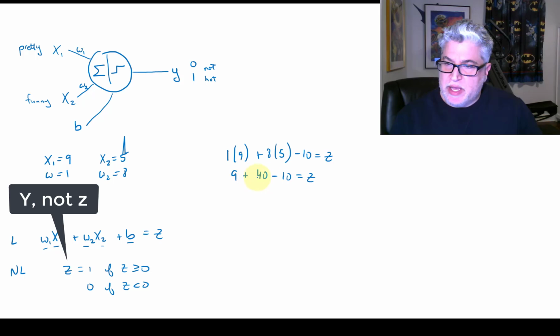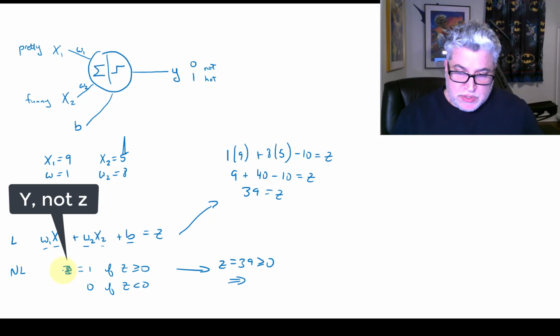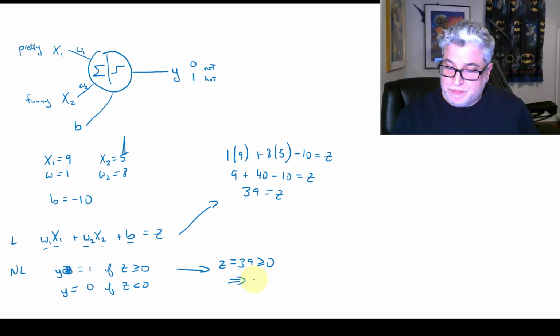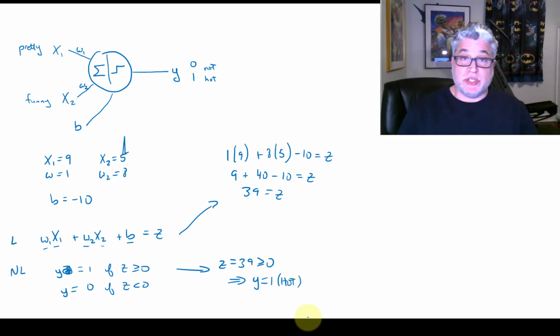So that's 9 plus 30, which is 39. Hey, that's a positive number. So applying the nonlinear part, since z is 39, which is bigger than 0, this implies that y is 1. So we find this person attractive.